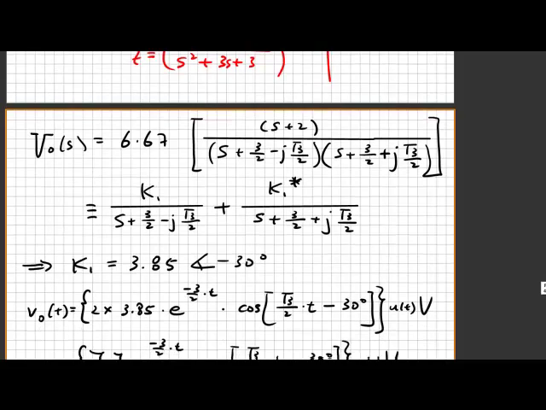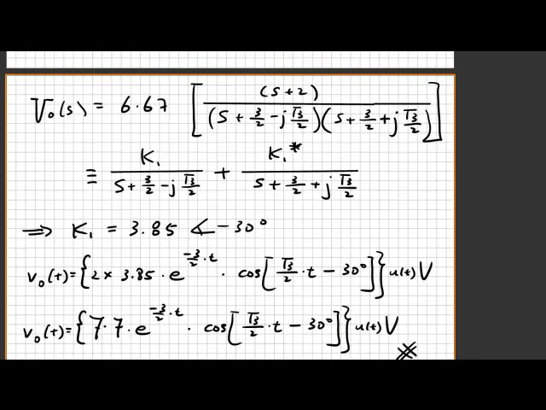I talked about this before in the other classes: you can organize this in the way of the cosine of the Euler form, with the reorganization that gives you a 2 here, and then 3.85 is multiplied by 2, and then e to the power minus 3 over 2 times t.